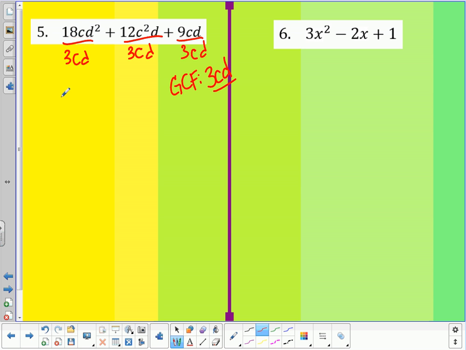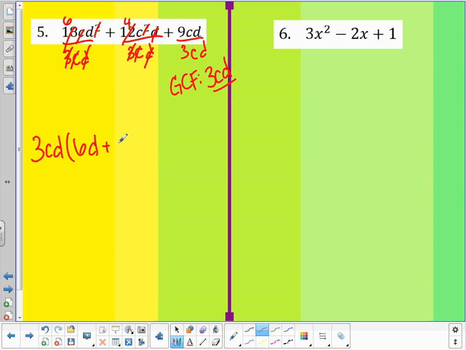And then I take a look at what's left over. So my GCF gets written out front. Behind it, 18 divided by 3 is 6. C over c goes away, and d squared over d, I can get rid of one of those. So I have 6d. Then 12 divided by 3 is 4. C squared over c, I can get rid of one.